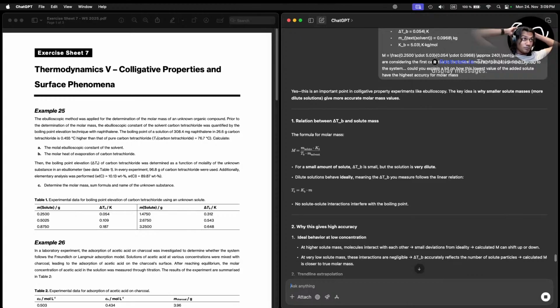Yes, this is an important part of colligative property experiments like ebullioscopy. The key idea is why smaller solute masses, a more dilute solution, give more accurate molar mass values, relations between delta T.